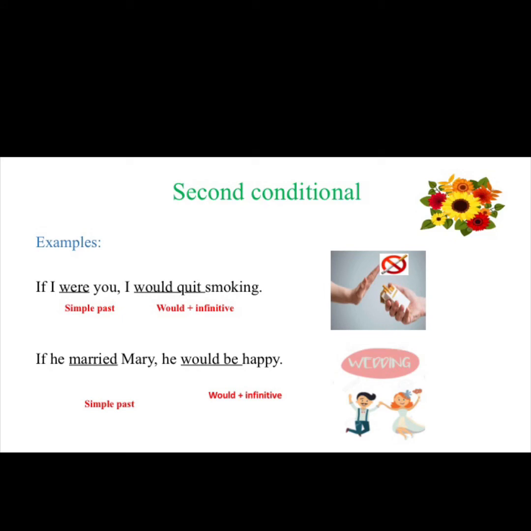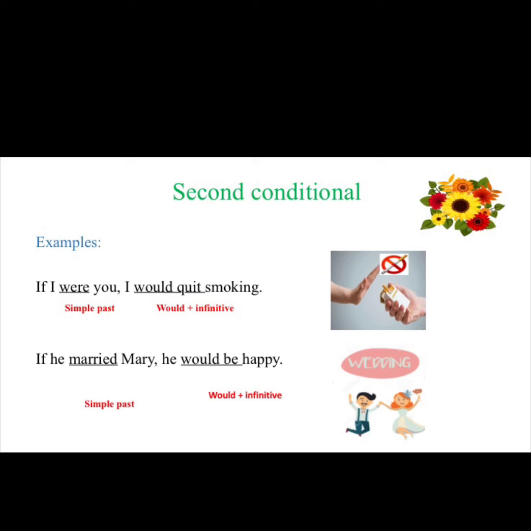More examples using the second conditional. If I were you, I would quit smoking. Okay, again, in the if clause, we are using simple past, were in this case, and then in the main clause, we are using would plus the infinitive. The infinitive verb in this case is quit.